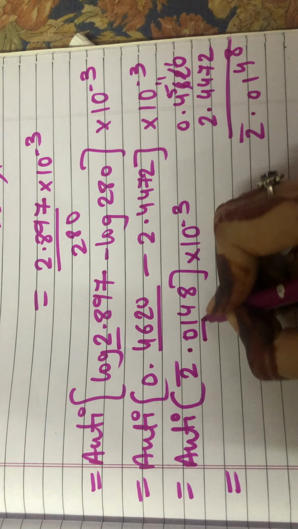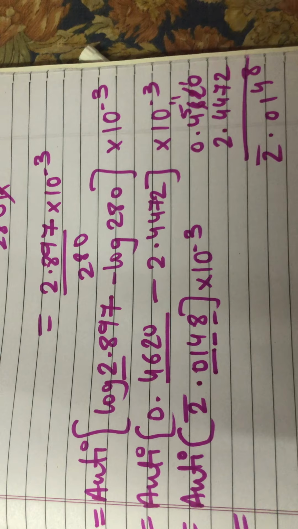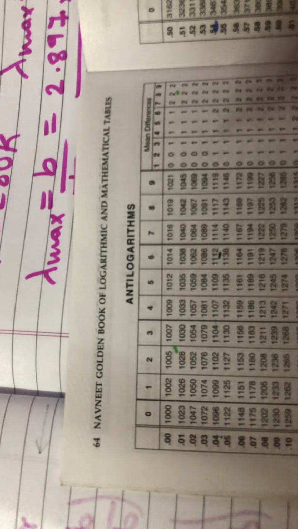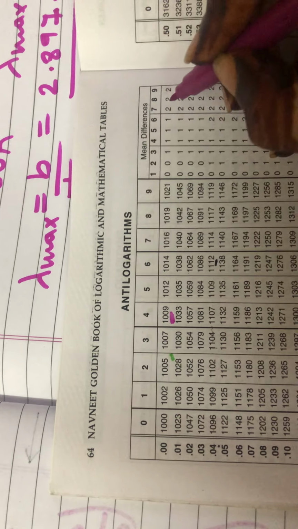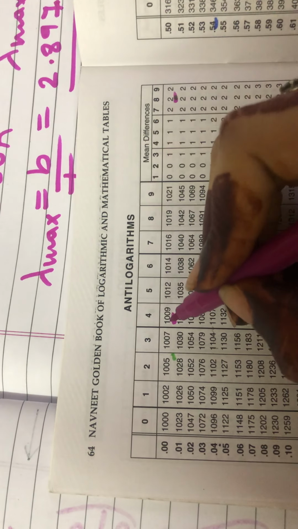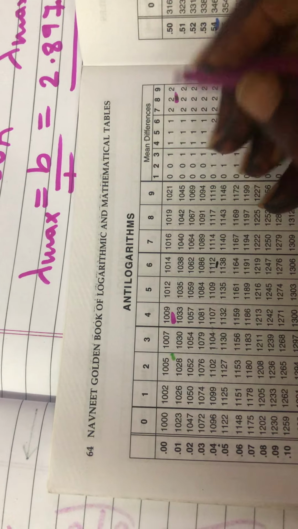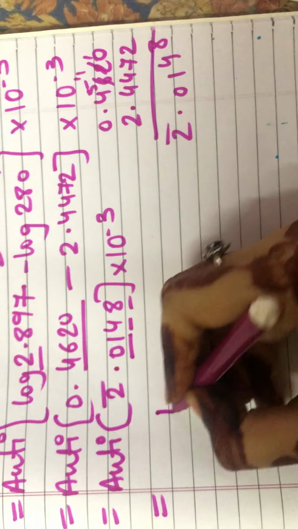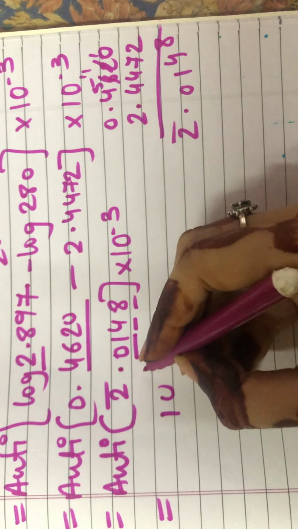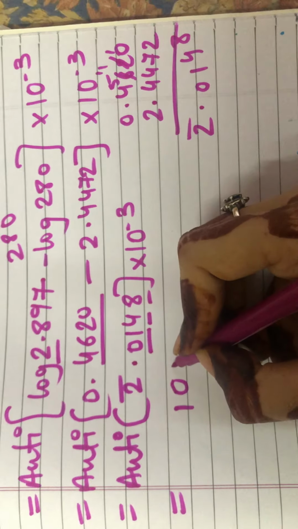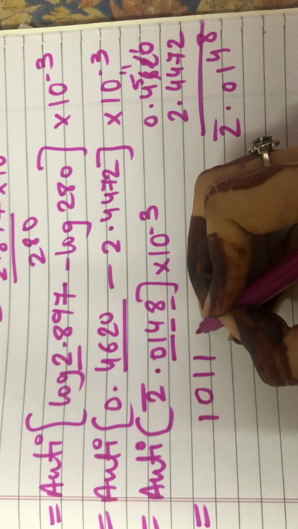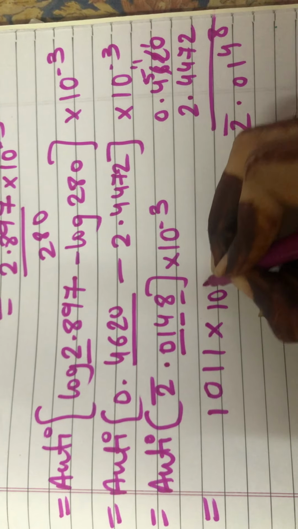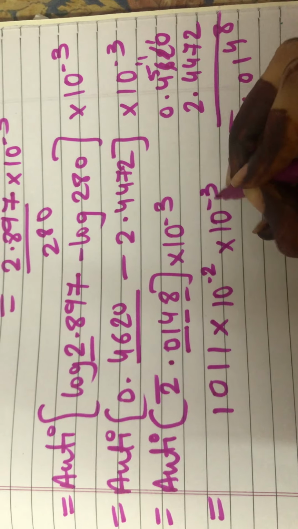Let's check the antilog for 014 and 8: 1009 plus 2, so 1011, into 10 raised to minus 2 and into 10 raised to minus 3.